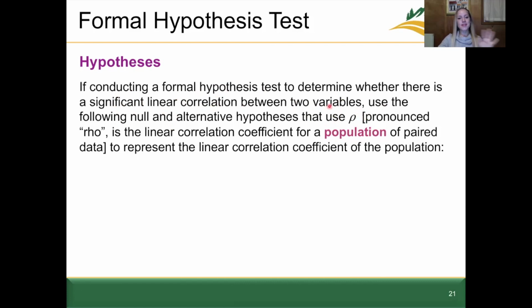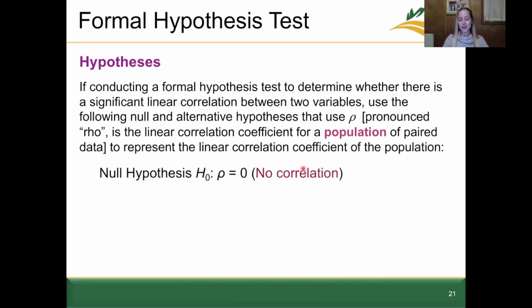We talked about this symbol notation in 10.1 part 1. Remember, we pronounced this as rho, where rho is the linear correlation coefficient for a population of paired data. Remember R for a linear correlation coefficient, that was for sample data. So again, rho represents the linear correlation coefficient of the population.